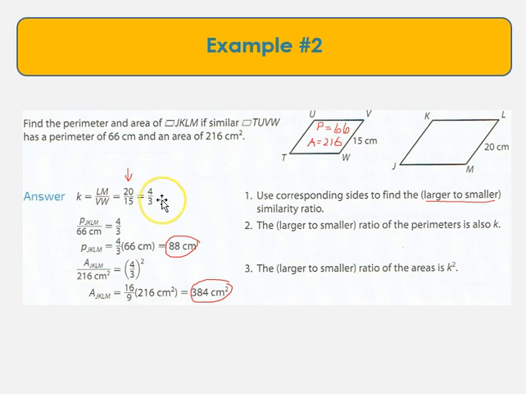Now that we have our ratio, we take our two parallelograms and put the larger parallelogram on top, which we don't have a value for yet. We'll call it the perimeter of JKLM over the perimeter of the smaller parallelogram, which is 66, and it will equal our ratio. Do not cross multiply the 3 times this figure.